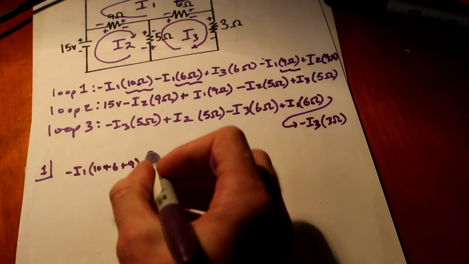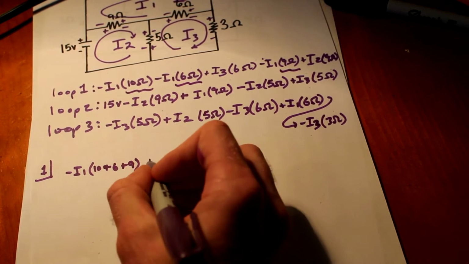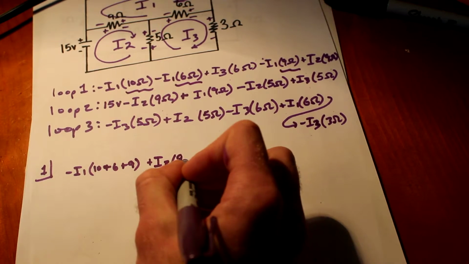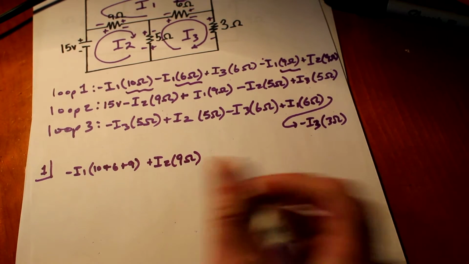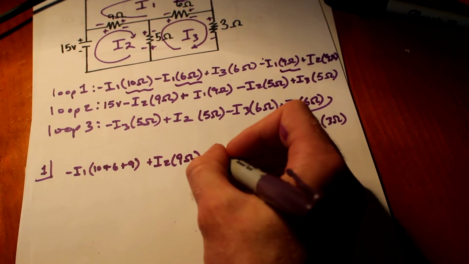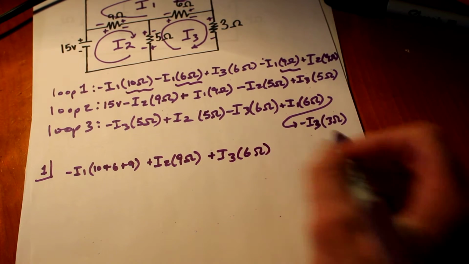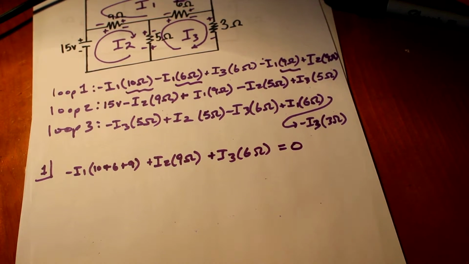And then plus I2, 9 ohms, and plus I3, 6 ohms. And because there's no voltage there, it equals 0, okay?